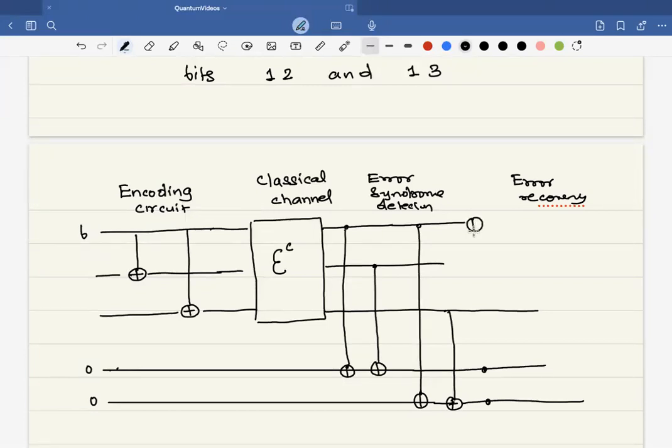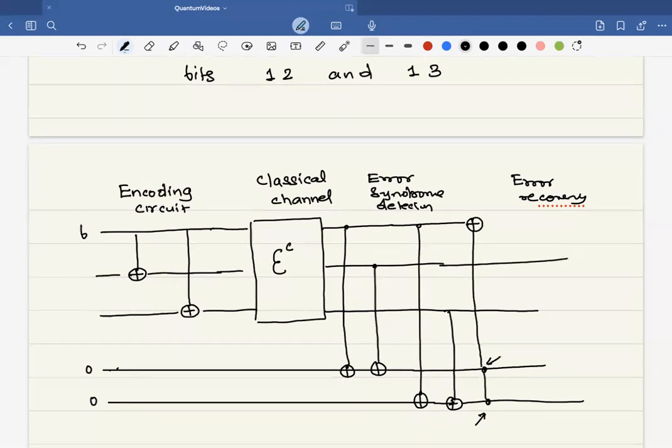So we will do the correction over here. So we'll apply this multi-control C0 gate. So this means that parity of the first and third is different, and this means that parity of the first and second is different. So that means that the error has occurred on the first bit, and so on.